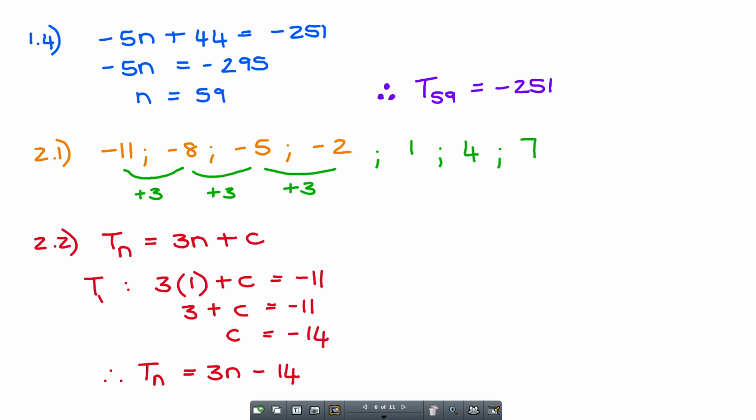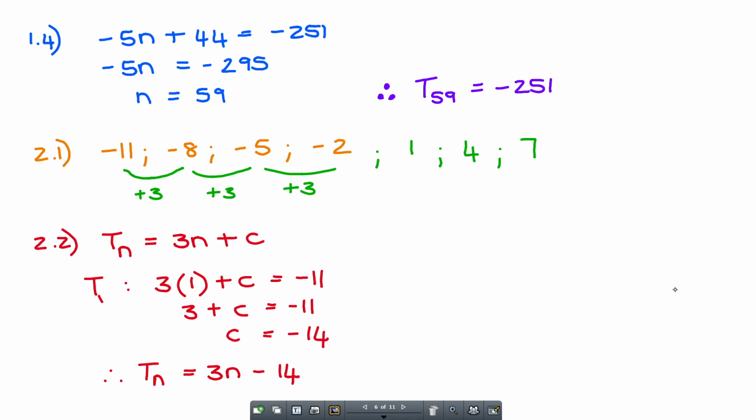So ek gaan nou sommer gaan instel term 1. Now, I know it would be 3n, but now instead of n, I use 1 plus c is equal to, hoeveel was term 1? Minus 11. From there, I go and multiply n, so 3 maal 1 geef my 3, en as ek daai 3 oorvat, dan raak hy mos minus 3, so dis hoe ek kom by minus 14.